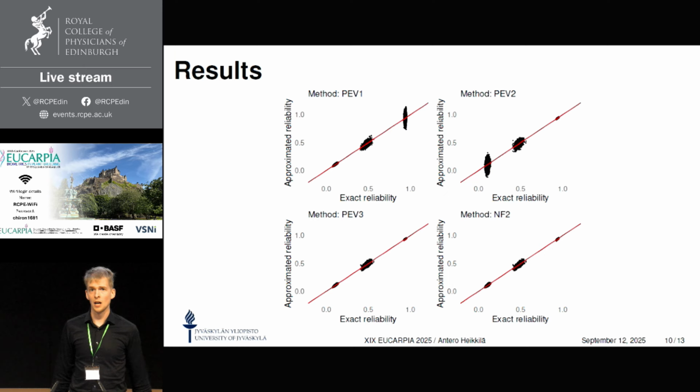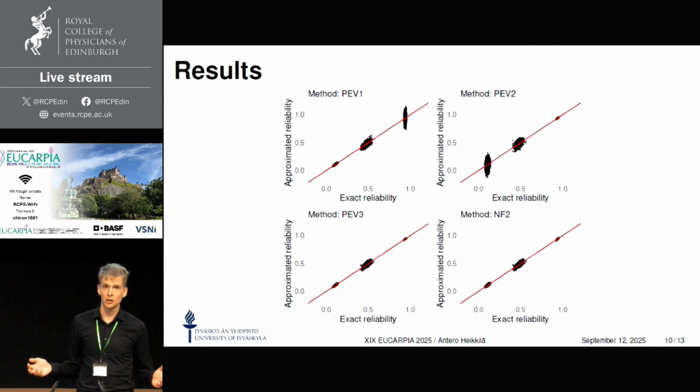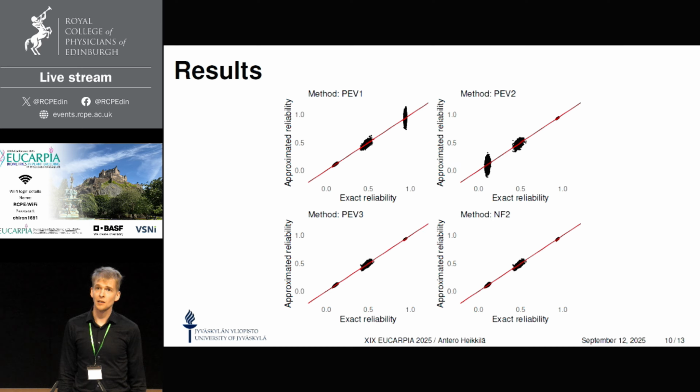The other way around, in the upper right corner, method BEV2 approximates high reliabilities well, but the lower the reliability, the worse the approximation. And these 2 other methods seem to have pretty good approximations of reliabilities in the whole interval, and we know that reliability is always a value between 0 and 1.